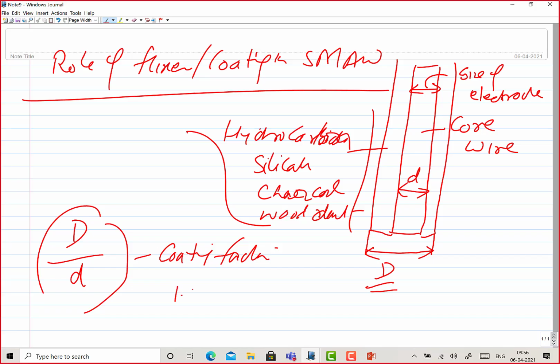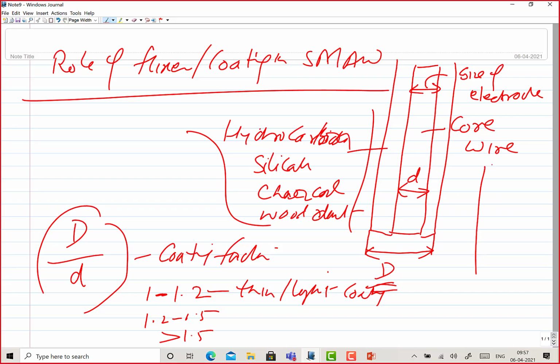It may be 1 to 1.2, or 1.2 to 1.5, or greater than 1.5. 1.5 means the diameter of the electrode including coating is 1.5 times or more than the core wire. When the coating factor is low, it is thin or light coated, meaning the coating is very thin.